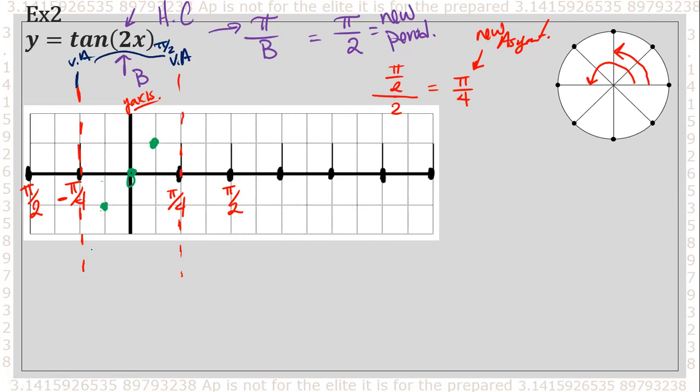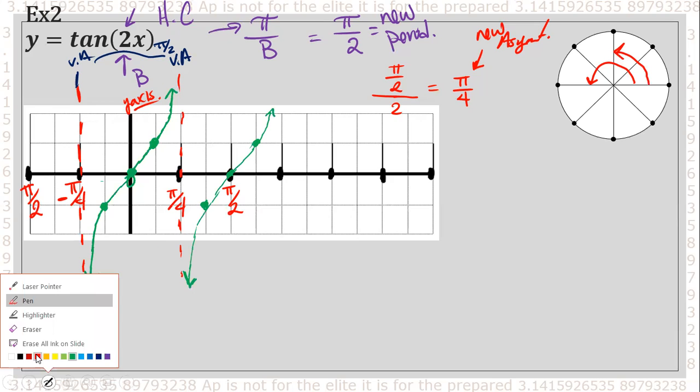So I'm going to see that it goes from here, then to our midline, then to our 1, then back up to infinity. So like that, this shape will continue to be reproduced throughout the entire graph.